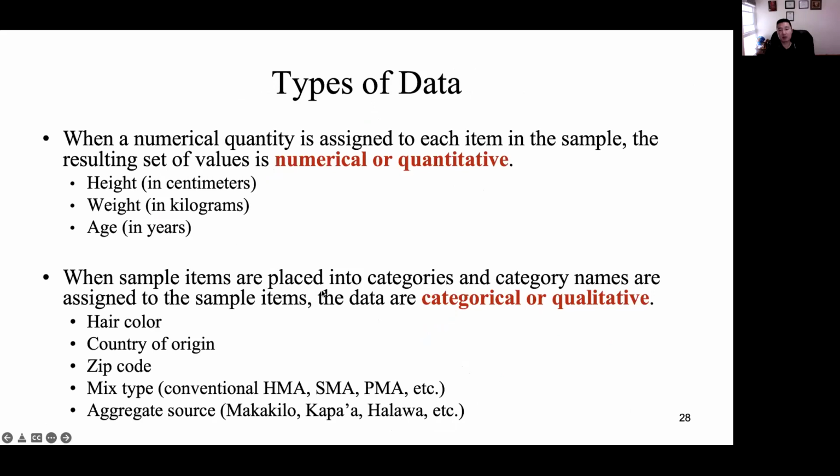When the sample items are placed into different categories, such as different hair colors, zip code, or a different type of asphalt concrete, we call that categorical or qualitative data. So, two major categories.